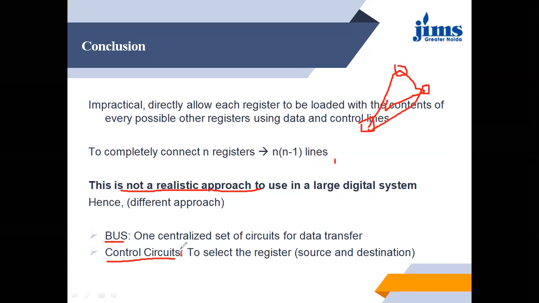Control signals are used to select which data has to be transferred from which register to which register. Buses are used to transfer the data, and control signals tell which registers have to be used when. So this is the concept we have to study.